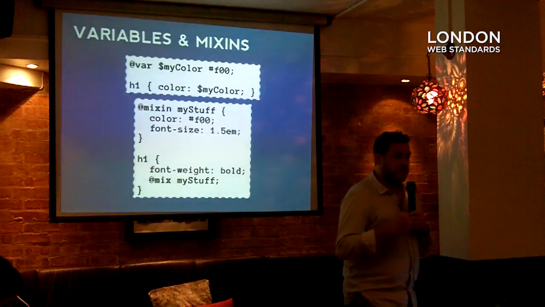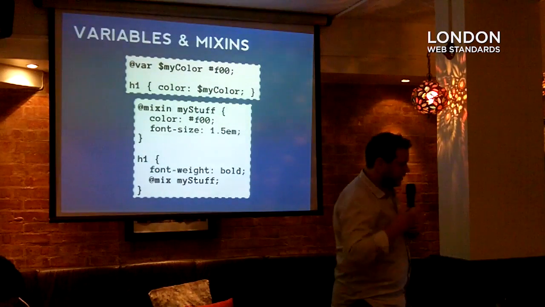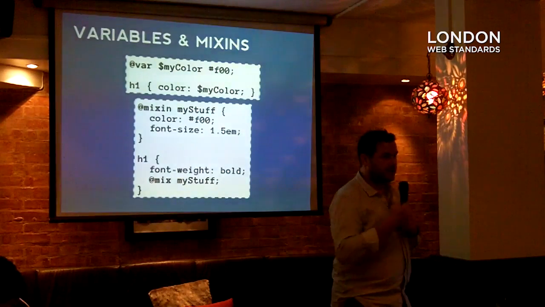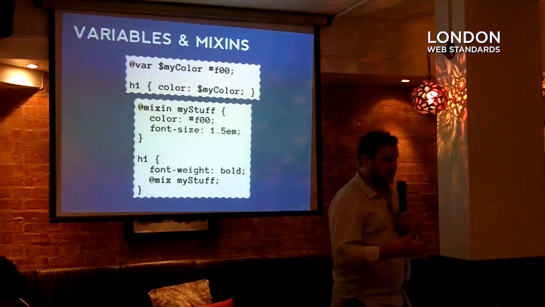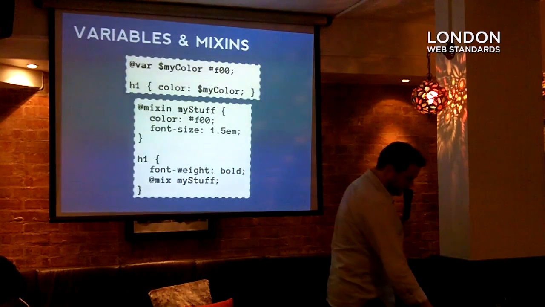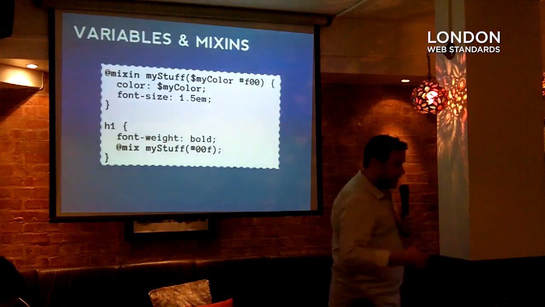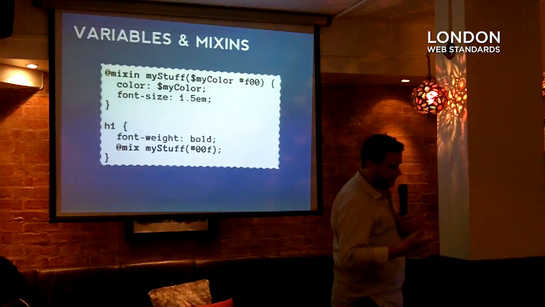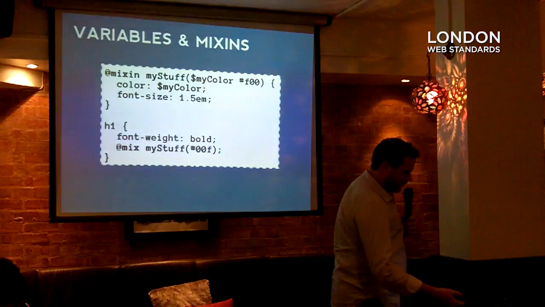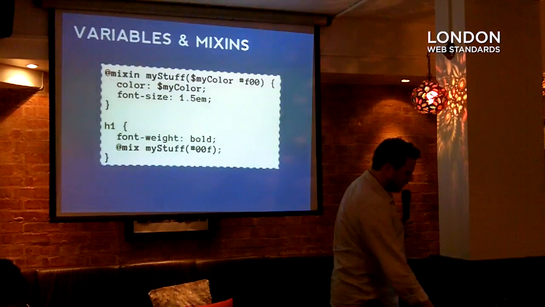This is really, really useful when you're doing CSS animations. I was doing one today that just involved a lot of repetition. I ended up doing the same thing over and over again. A mixin would have been so much more useful. And adding parameters to mixins as well, so you can pass arguments into the parameters, very, very cool stuff.